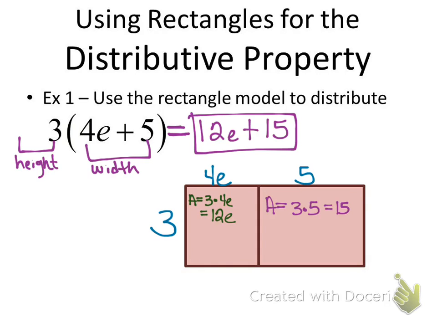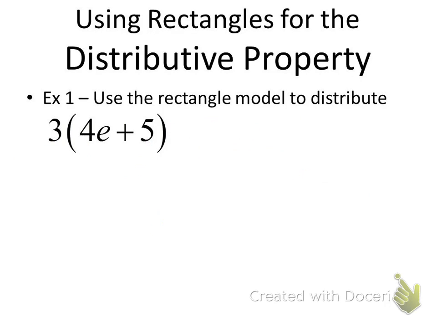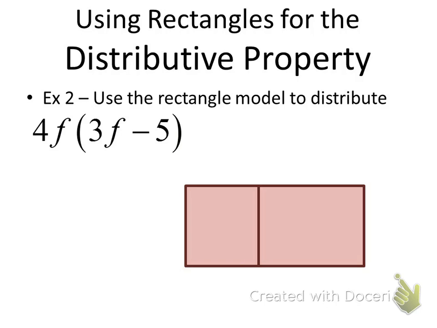And then I got 15 when I took the height, 3 times 5, got 15. I can't combine them. All right, let's look at example number 2.